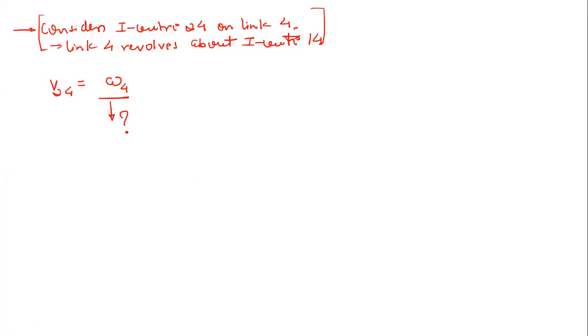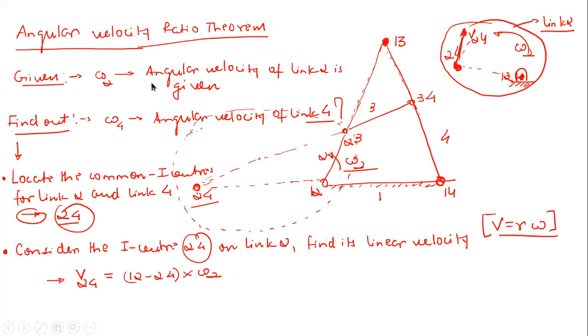So V24 is simply omega 4 multiplied by, now just tell me, I'm considering this point 24 on which link? On link 4. So again I can assume that this link 4 is a large circular disk. You can imagine this, or you can draw it separately.